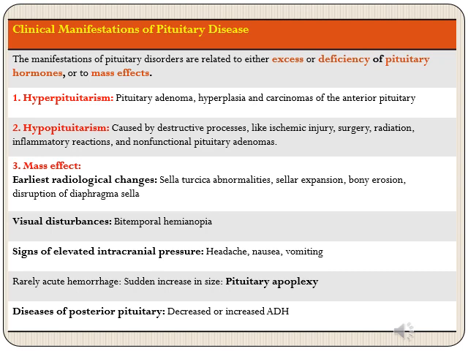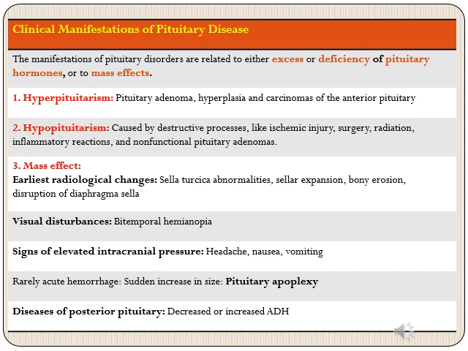Amongst these, we will be discussing pituitary adenoma in detail when we discuss tumors of pituitary. Then hypopituitarism. This is caused by any process which leads to loss of pituitary tissue. This is because of destructive processes like ischemic injury, surgery, radiation, inflammatory reaction, and at times non-functional pituitary adenomas.